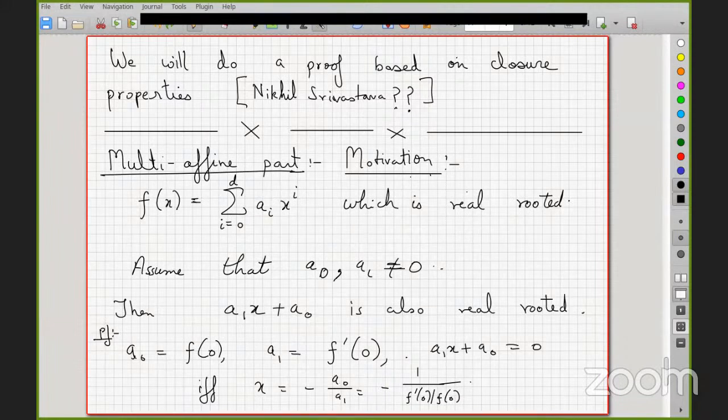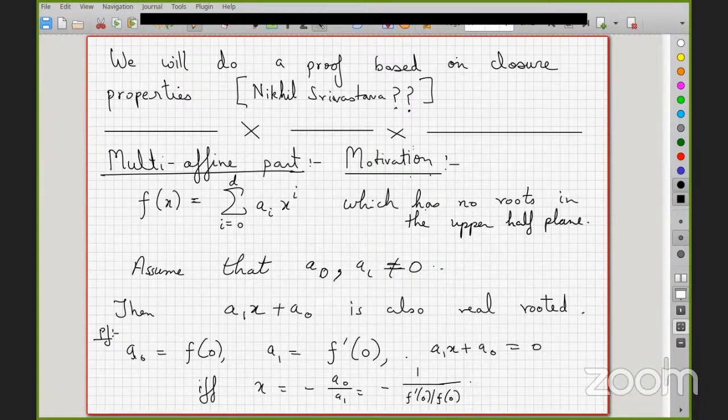So maybe let me do something else. Real rootedness maybe is too strong. Maybe something else, which has no roots in the upper half plane, which might happen if it is not real rooted. So if it does not have real coefficients, but has no roots in the upper half plane, does that imply it is real rooted?